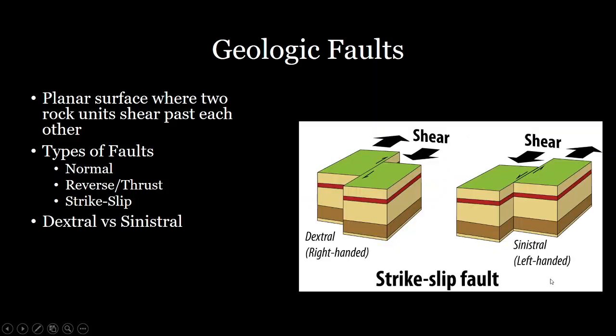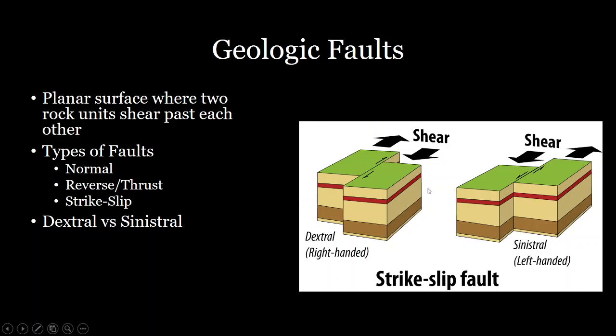And so there's two different types of strike-slip faults. So there we can describe a strike-slip fault as it shears past each other based off of which direction those two rock units are moving relative to one another.